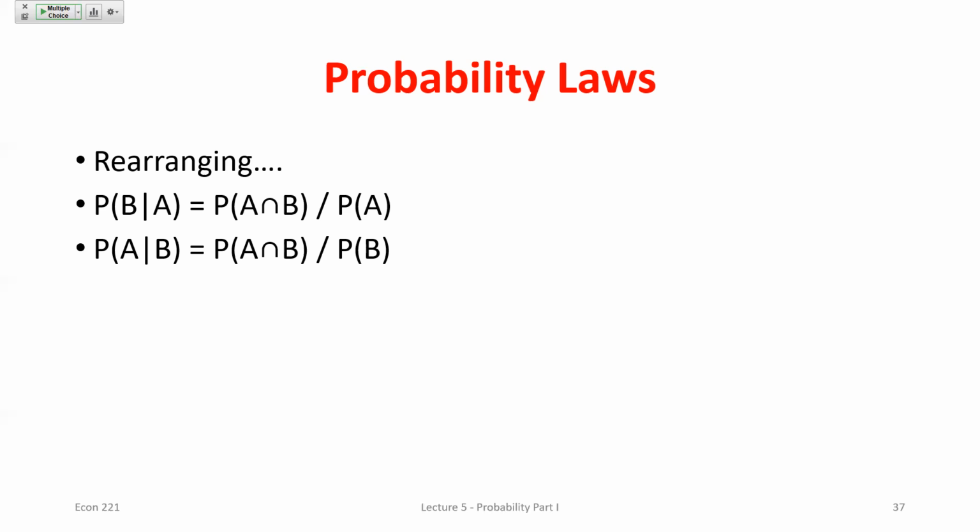What we would call this is the conditional probability of event B. We're still looking for the probability of B. It's just now we're conditioning on A occurring. That's where we write we're looking for the probability of B given, or conditional on, A having already occurred.